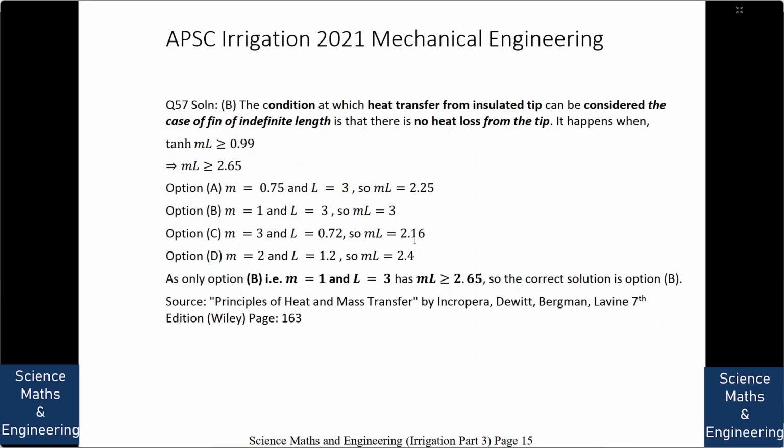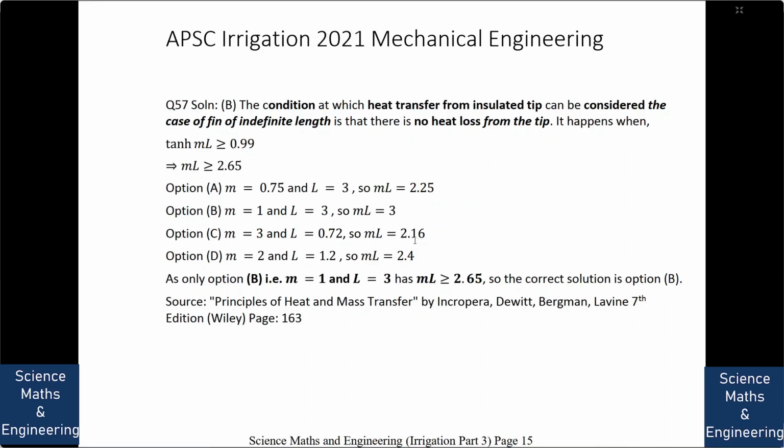B. Now how we get it is that the condition at which the heat transfer from insulated tip can be considered the case of an indefinite length is that there is no heat loss from the tip. Now it happens when tanh of mL is greater than or equal to 0.99, which implies mL should be greater than or equal to 2.65.